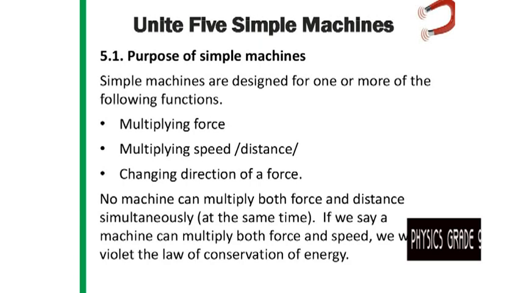And this is very important when we look at machines. This will be explained in more detail as we go through the unit, why you cannot multiply both force and distance simultaneously, but it's important to know that that is a very important rule.